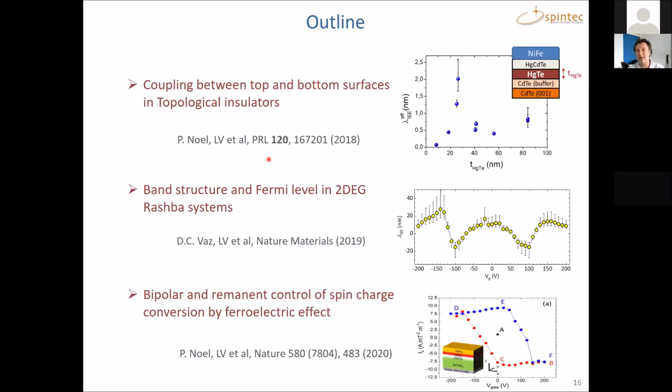The next case I want to talk about is the role of electrostatic gating in oxide materials, because in those oxide two-dimensional electron gases, we can, through a backgate voltage, raise the Fermi level in the band structure. And then we want to see what is the influence on the conversion and the spin-orbit coupling.